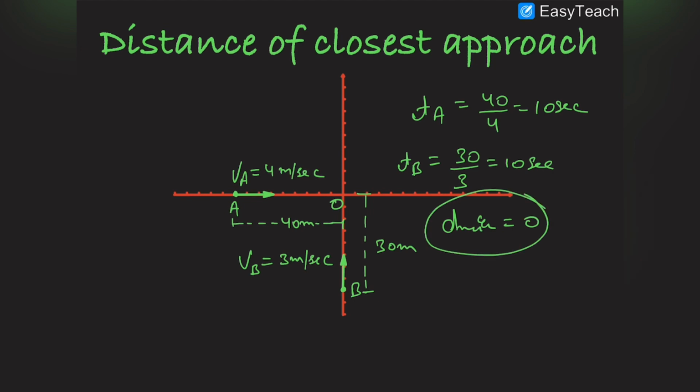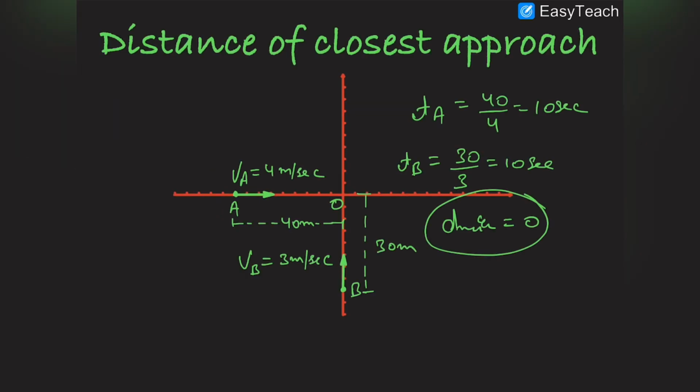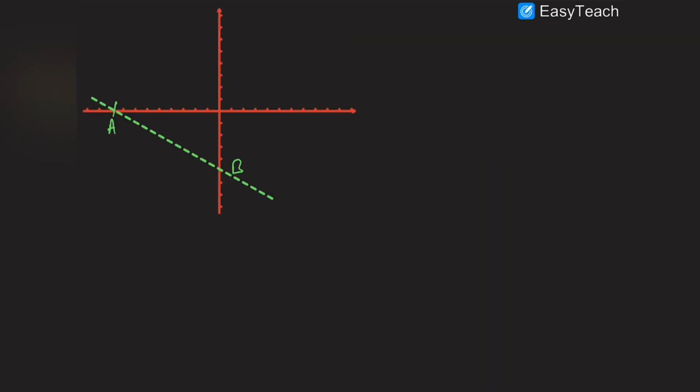This is a simpler case, but if we solve this problem conceptually, then we should first write down these velocities in vector form. So first of all, VA and VB we have to write down in vector form. You can see that this distance is 30 and this is 40.